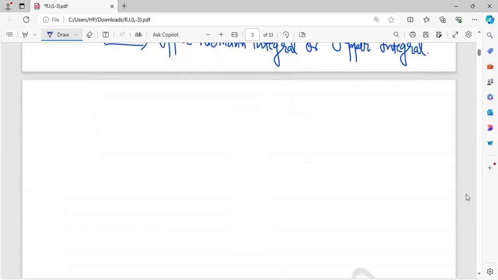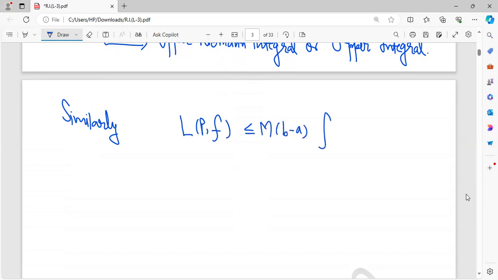Similarly, we have L(P, f) is less than or equal to capital M times (b minus a) for any partition P of [a, b].